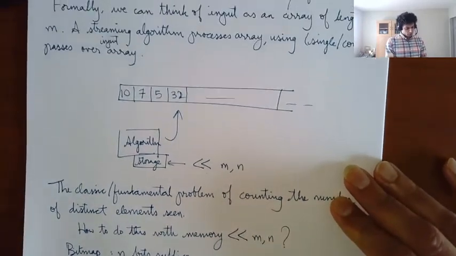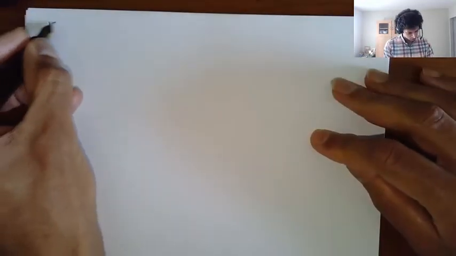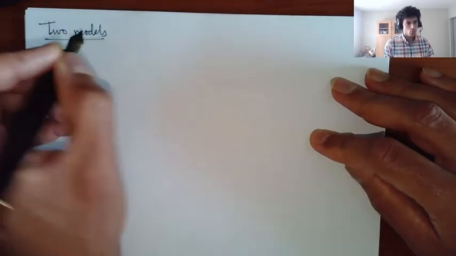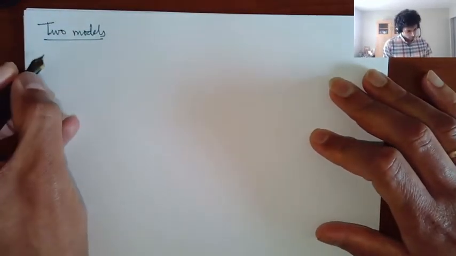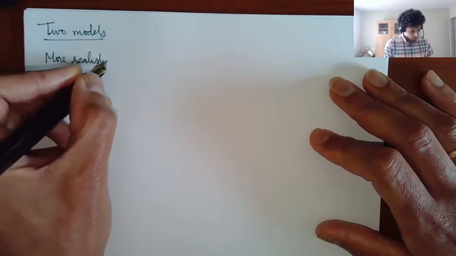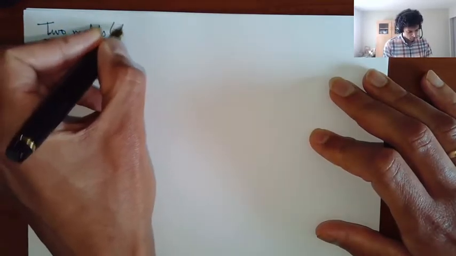This is an interesting topic also, because there is a theory versus practice gap here, and one that has been somewhat controversial. So let me give two models of randomness.